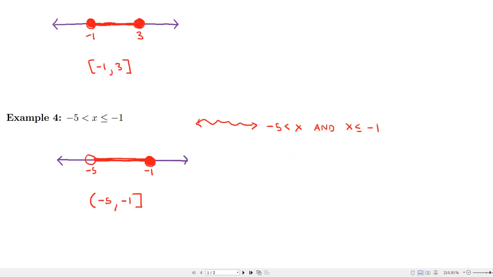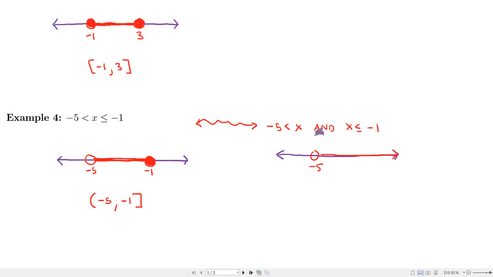If you want, I could show you that real quick. If not, you could just skip ahead. But look at what this looks like. So we have our real line, and the first inequality. What would that look like? So let's say that I gave you this instead. You could draw in -5, and x is going to be larger than that.